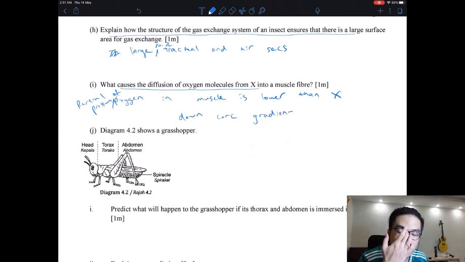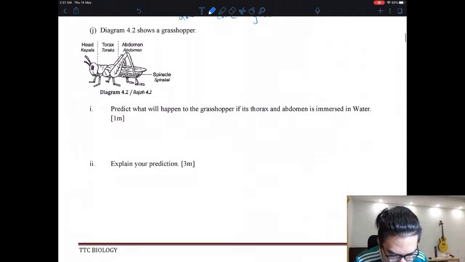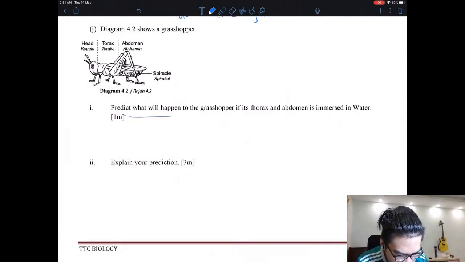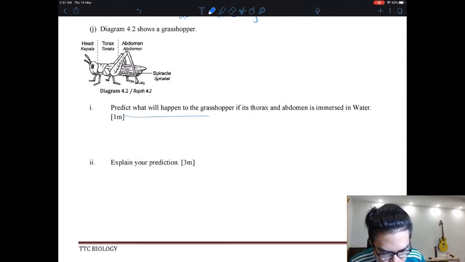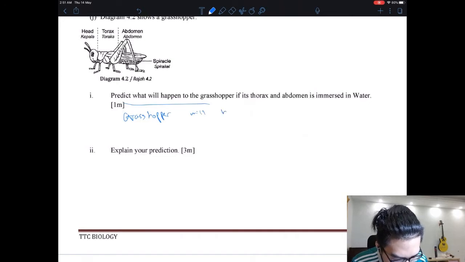So this is your chapter 3 stuff. Alright, so this is a grasshopper. Predict what will happen if the thorax and abdomen are immersed in water. The grasshopper will not be able to breathe.